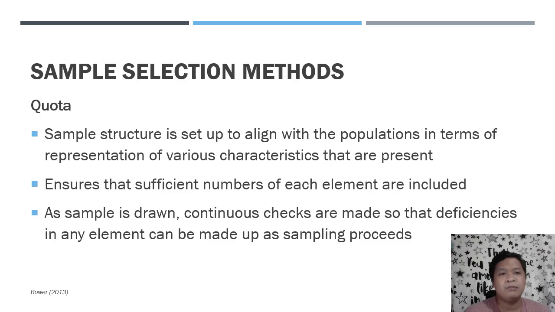So, quota sampling is similar to stratified sampling, except that in stratified sampling, may element siya ng random sampling within the strata. Sa quota sampling, more or less, wala. Parang siguro convenience sampling ang dating, pero meron ka lang characteristics. So, why would you want to use quota sampling? In this case, for example, sabihin natin nagpapa-sensory ka sa school, no?